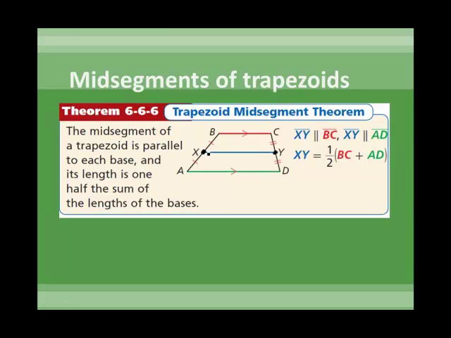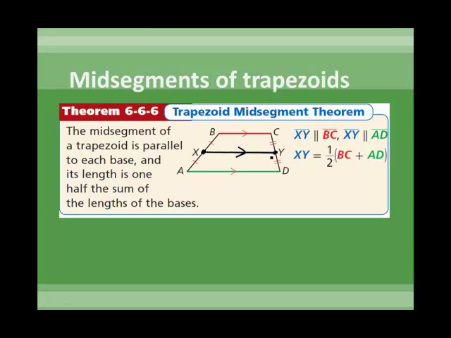If you connect those midpoints, that segment that you have formed is called a midsegment. And the midsegment has a couple of properties. First property, the midsegment is parallel to the bases. And the second property, its length is the average of the lengths of the bases. So add the two bases together and divide by 2, and you have the length of XY.